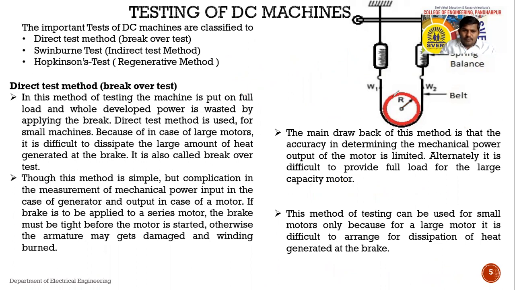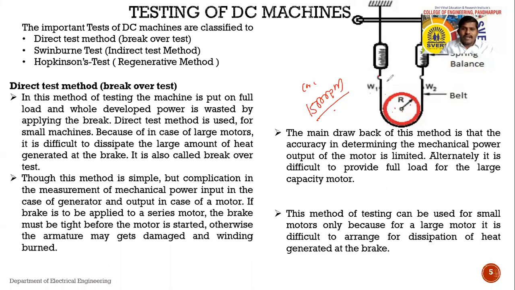Suppose this pulley is rotating at a speed of near about 1500 revolutions per minute. Because it is directly attached to the shaft, it will be rotating at a constant speed and we are applying some load.